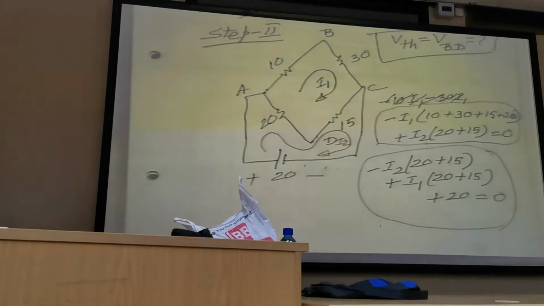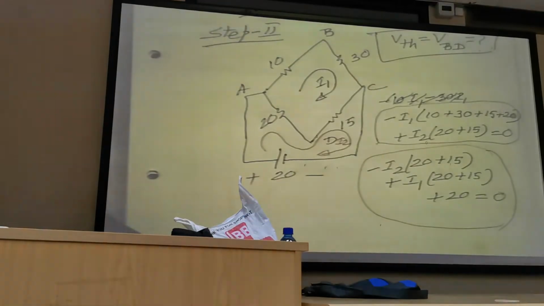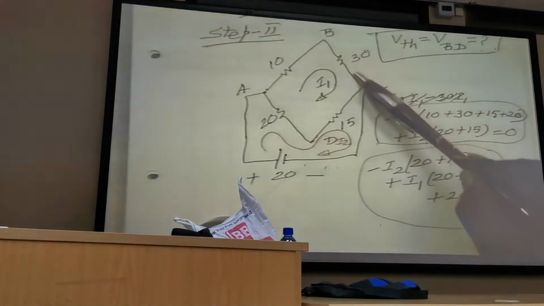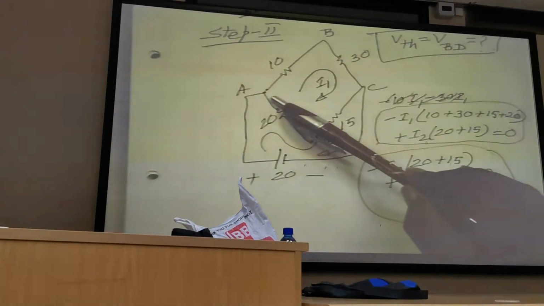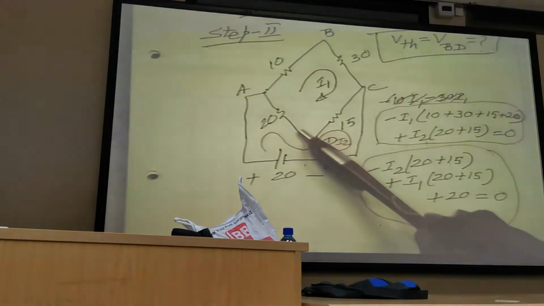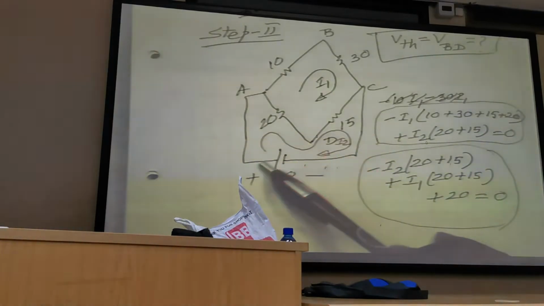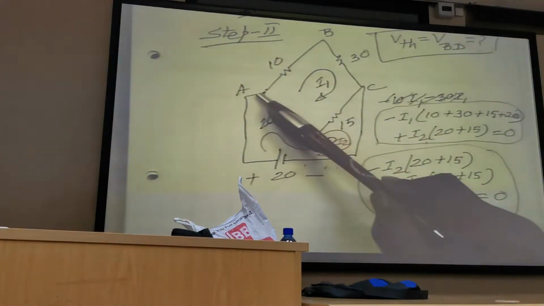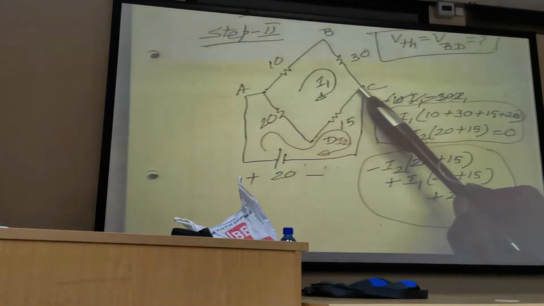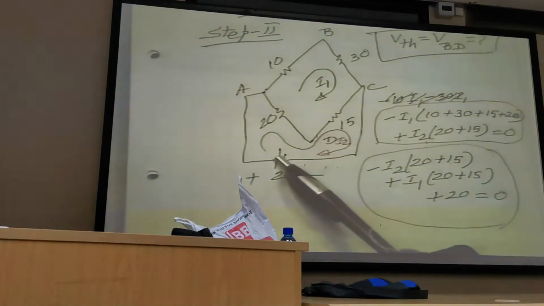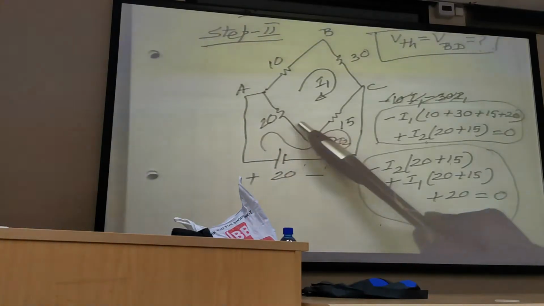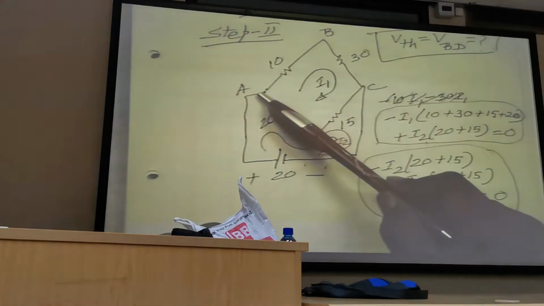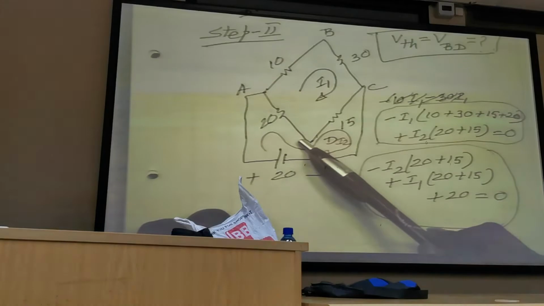Whenever we are considering loop 1, we are going from here, here, here and here. This is loop 1. Loop 2 is going that direction, right? Yes, sir. Meaning you are going along I2, so negative, and here rise, but there is another current. You are going this direction and I1 is in the opposite direction.